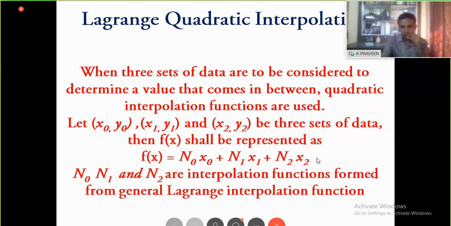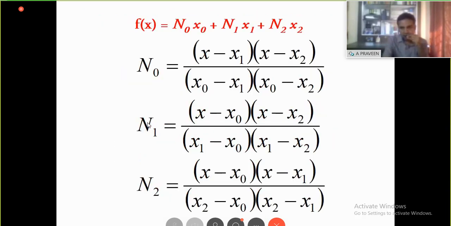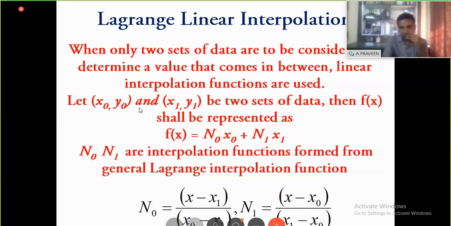In the previous case, the generic function gave any value between the two points using N0 and N1, whereas for n values you have n plus 1 such terms available. That's what you must keep in mind.